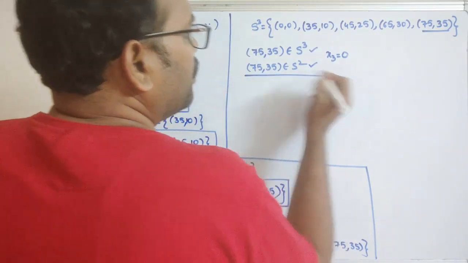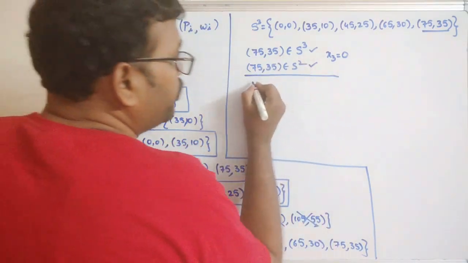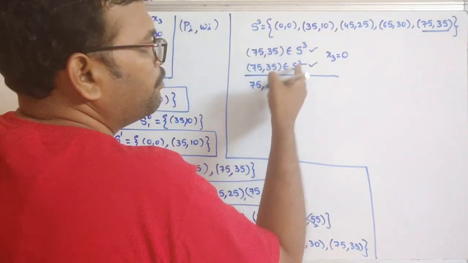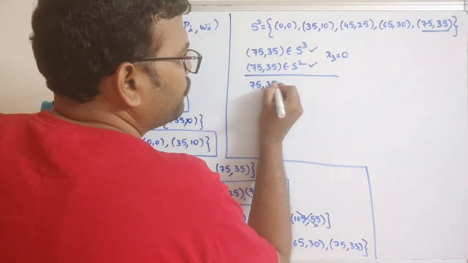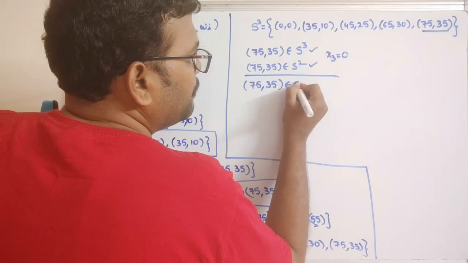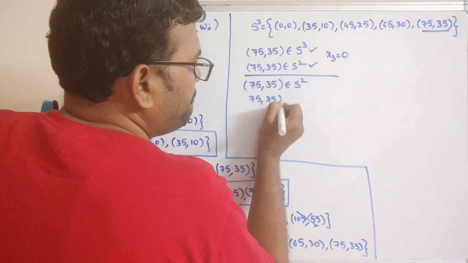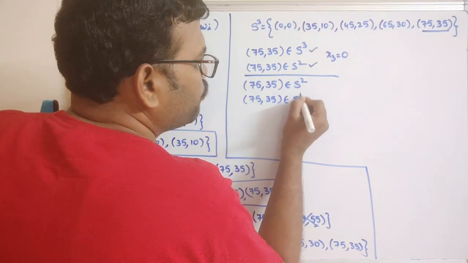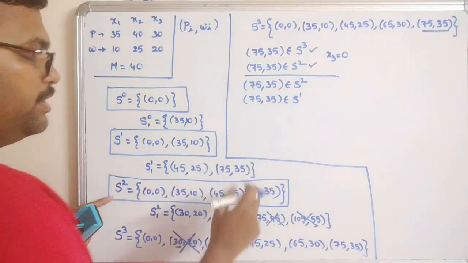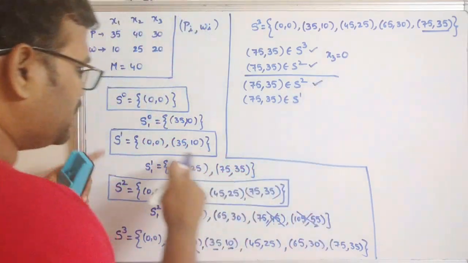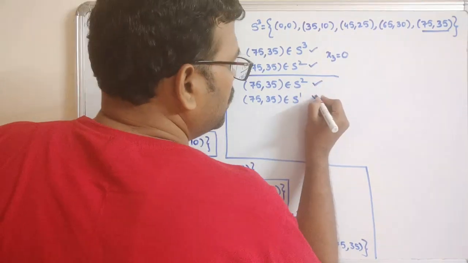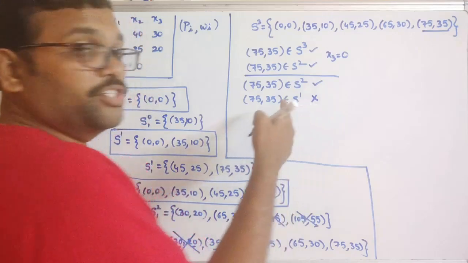After that, we have to remove, so we need not remove it, okay, because in both we are having the same thing. So 35 belongs to S2 and 75, 35 belongs to S1. Let us check. S2, yes, it is available. S1, there is no. So there is a deviation.